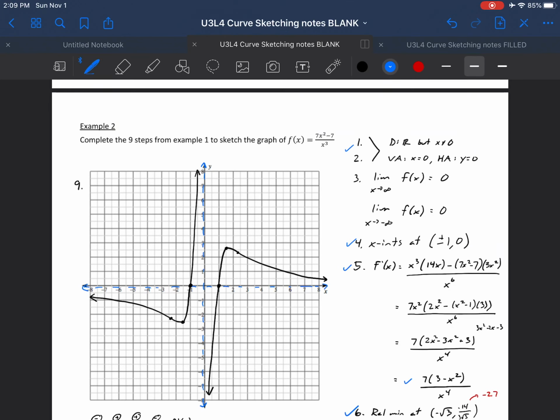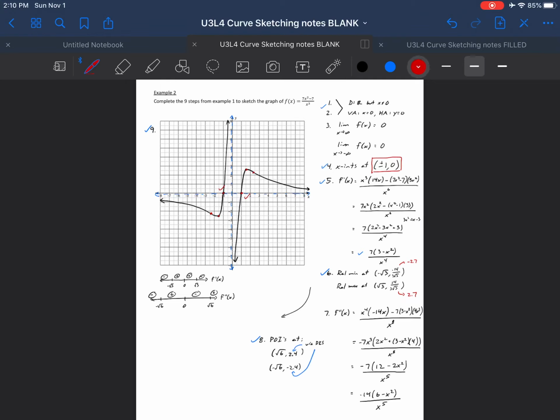Okay. And if we wanted to, we could label all these points that we calculated from either the original function or the first derivative or the second derivative, but I won't. I guess I'll just highlight them. So we had the x-intercepts, which are right here. We had our relative maxes and mins, which, let's do a different color for those.